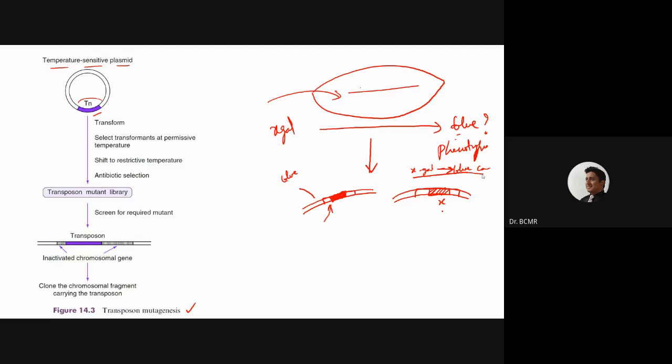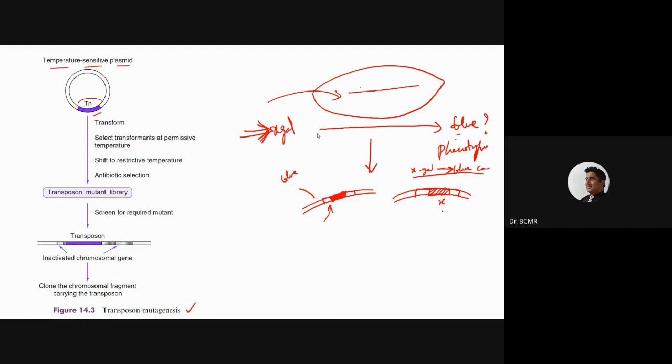That's the approach. We know the trait, and we are trying to find the genes responsible for this trait. We're taking an approach by creating mutations because of which the phenotype is lost, and then we can find out where that mutation is.